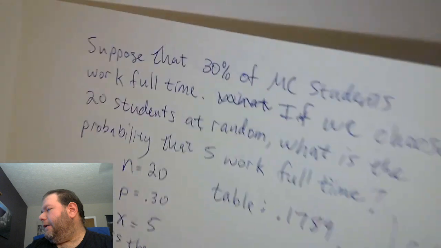The other thing that we want to talk about here, and it's pretty typical by this point, is we also want to figure out how to calculate the mean and the standard deviation for binomial probability.